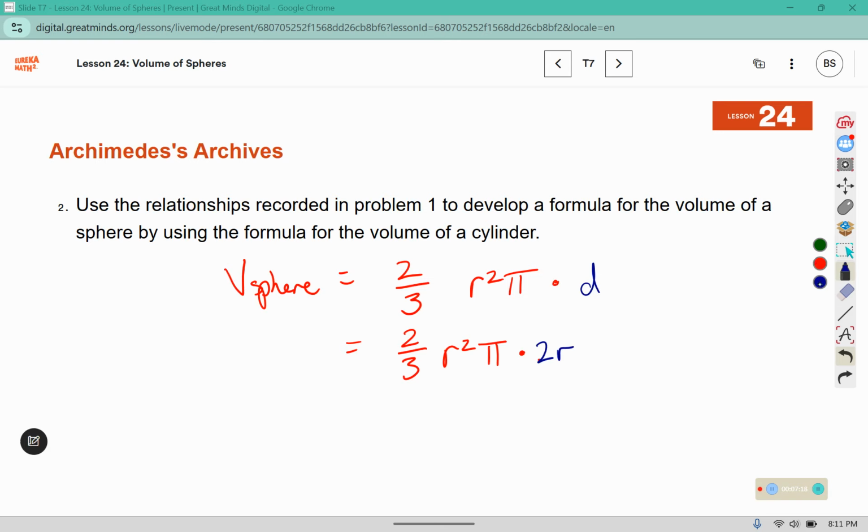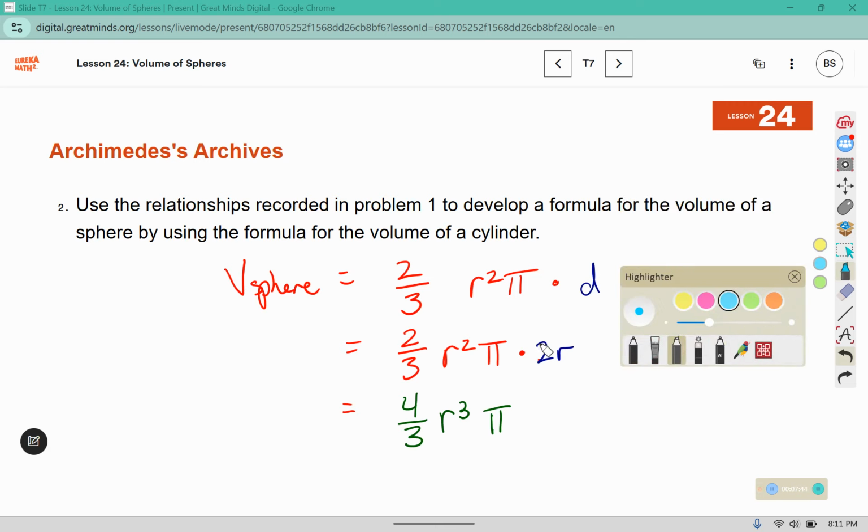But if we were to combine things here, 2 times 2/3 makes 4/3. And a radius times a radius squared can be rewritten as radius cubed.